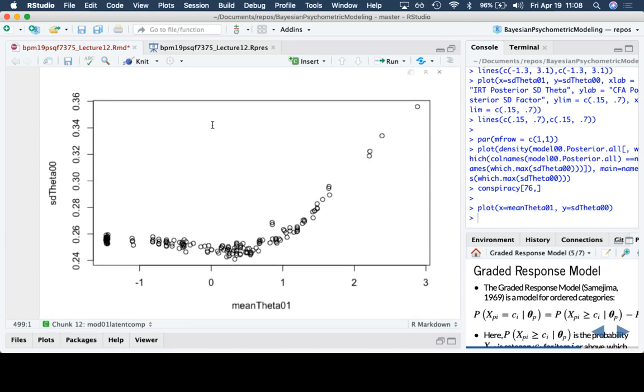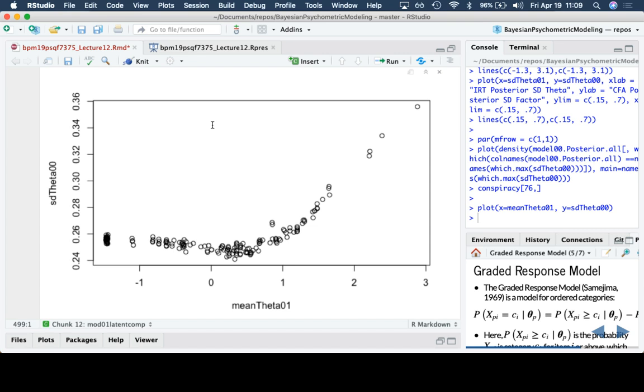So this is our EAP estimate for theta from IRT, and this is our posterior standard deviation. You would call this your conditional standard error of measurement in your traditional IRT course. You'll see there's some wiggle room with where it goes. That's some sampling error. We could run a much longer chain and smooth that out a little bit. But by and large, it's fairly consistent, right?